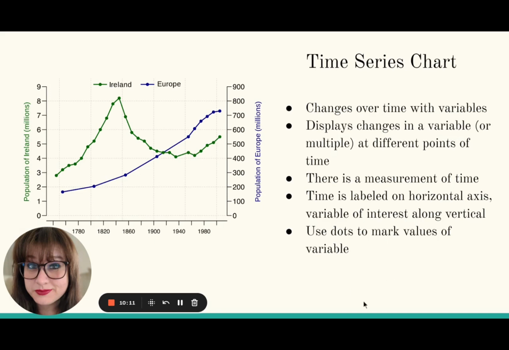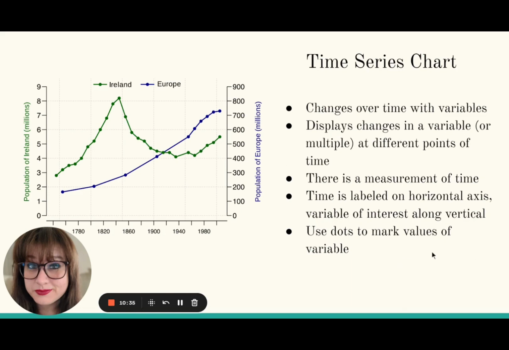So in this case, they're looking at the populations of Ireland. Ireland is a part of Europe, but it's looking specifically at Ireland compared to Europe, which is why there are two lines, in millions. These little dots here look at specific periods in time. That's why there are fewer in Europe, as you can see here. And it's looking at these changes over time.